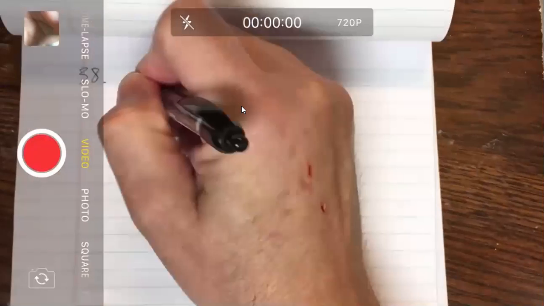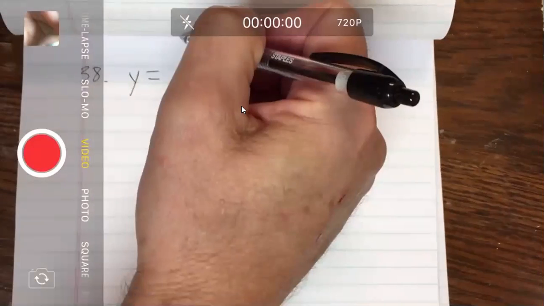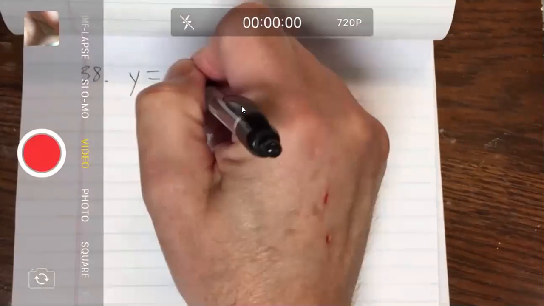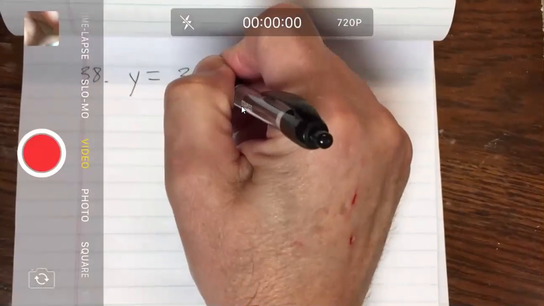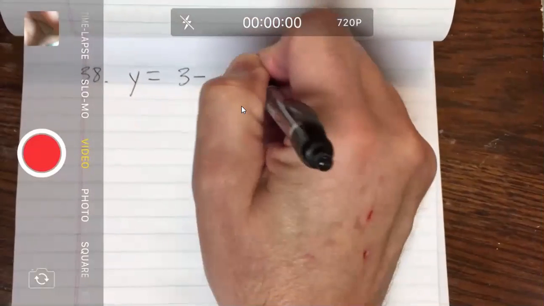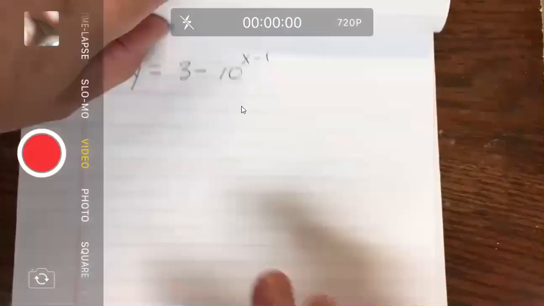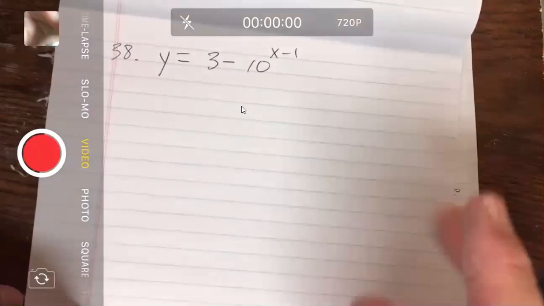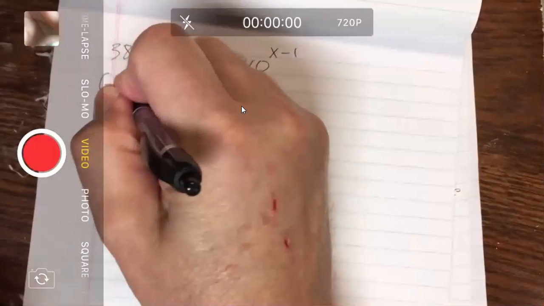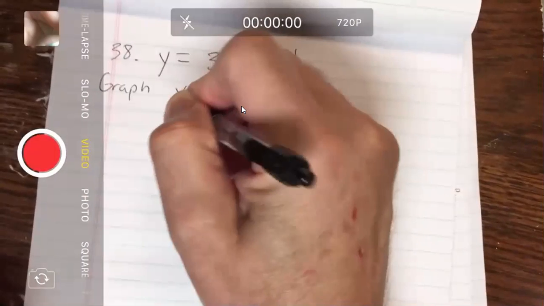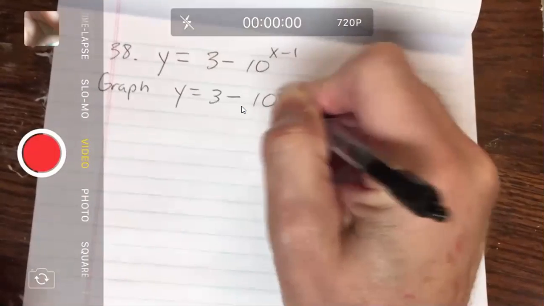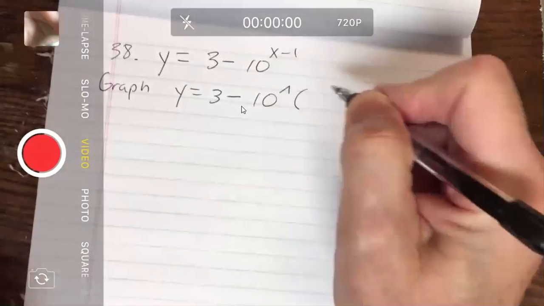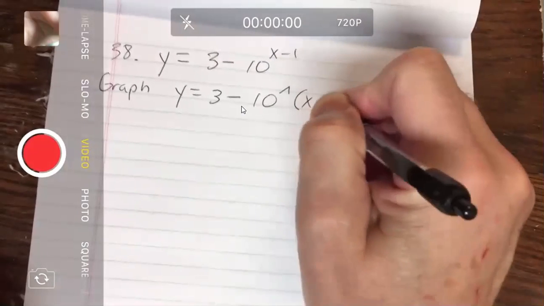Formula 38 is 3 minus 10 to the x minus 1. Graph, make sure you put it 3 minus 10. You'll have an exponent key, parentheses, x minus 1.